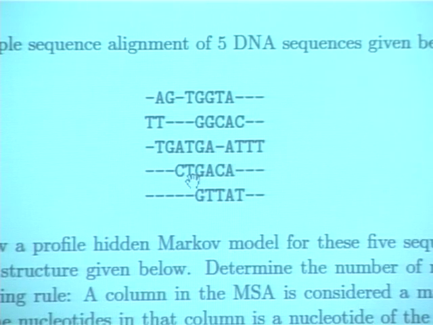So if there's something emitted before the first match state, it has to be emitted from I0. So all these letters, A, G, T, T, T, G, A, C, are going to be emitted by the I0 state.